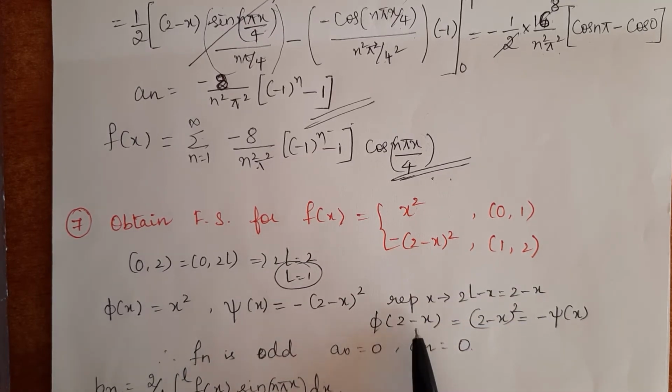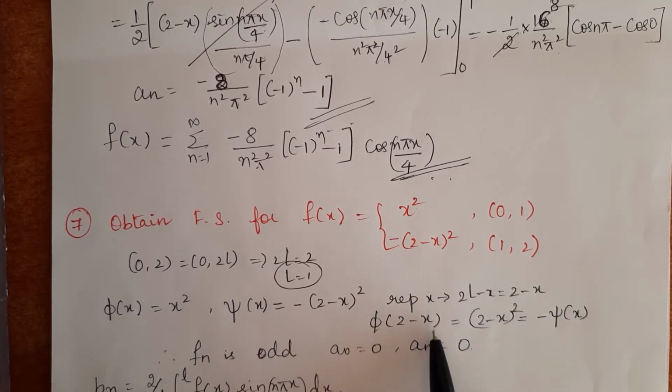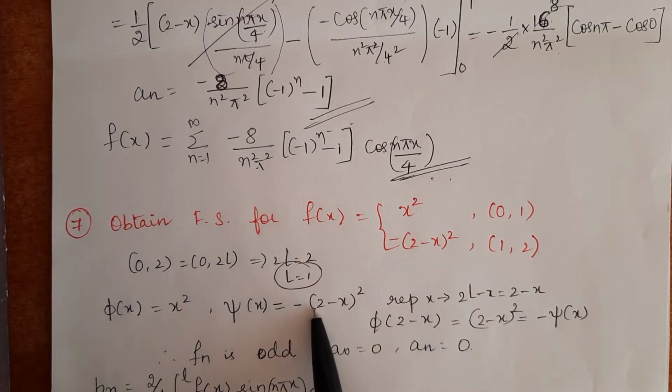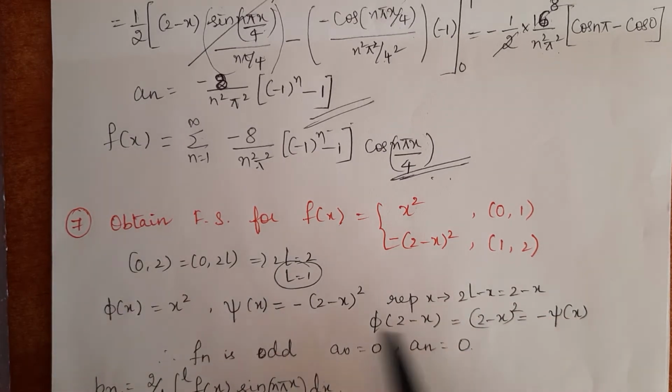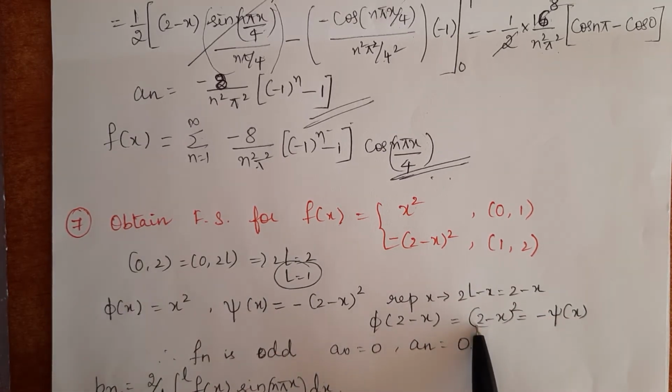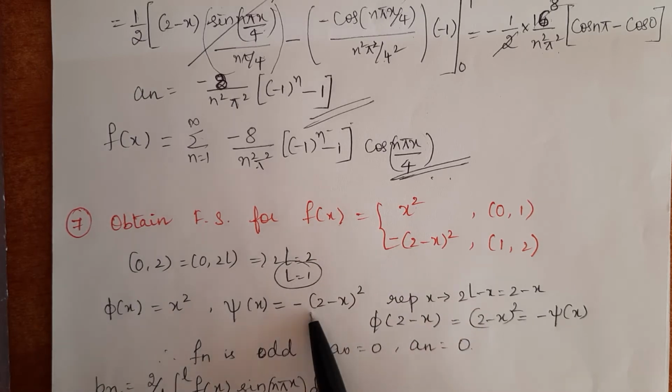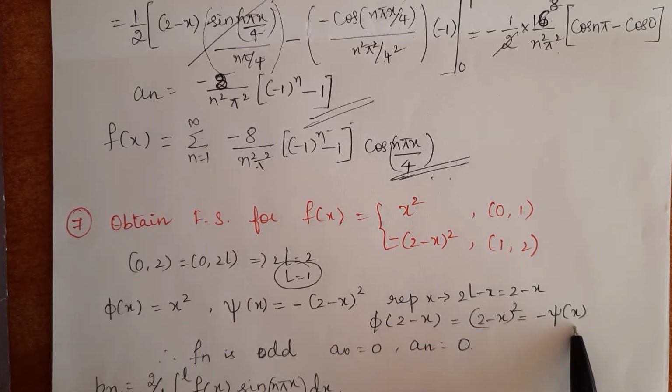So when I replace x by 2 minus x in the first function, I will get phi of 2 minus x equals 2 minus x the whole square, which is nothing but my function minus of psi of x. Here minus sign is there, here minus sign is not there. So which is nothing but minus of psi x.